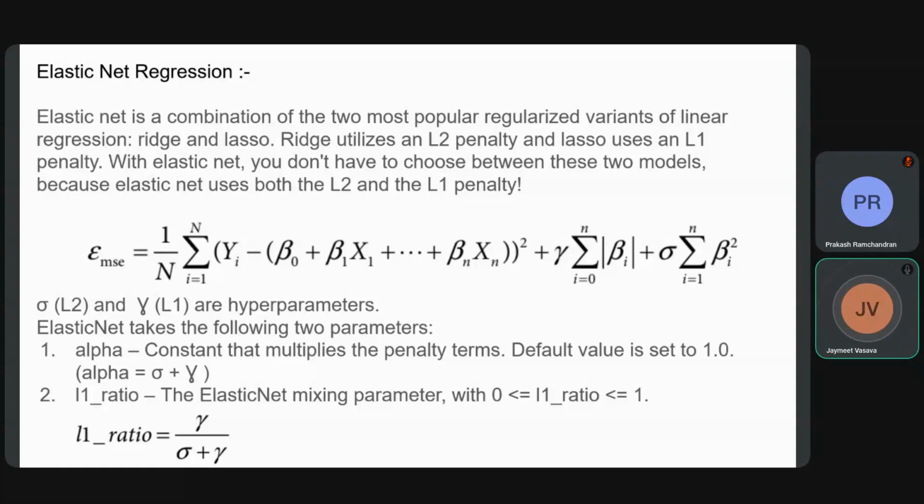Now the default value is set to 0 for the alpha value of elastic net, and here alpha value is the summation of sigma plus gamma, and the L1 ratio, which is between 0 and 1. You can see the formula for L1 ratio equals gamma over sigma plus gamma.